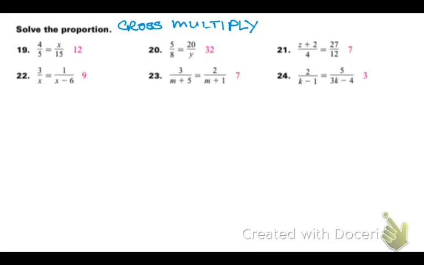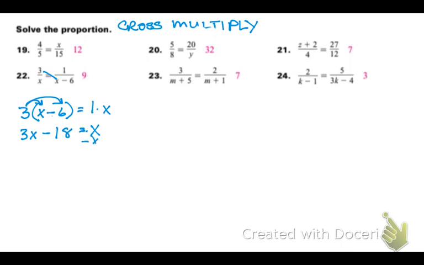Okay, so number 22, 3 times x minus 6, don't forget parentheses, or you'll mess it up, is equal to 1 times x. So we distribute: 3x minus 3 times 6 is 18 is equal to 1 times x, which is just x. Why don't we move the x onto the left side?